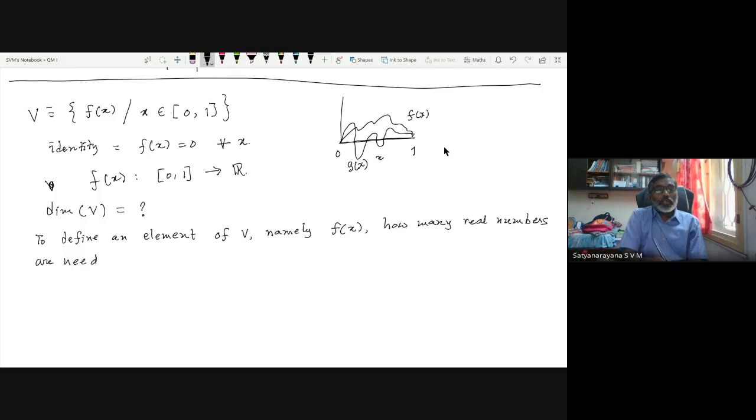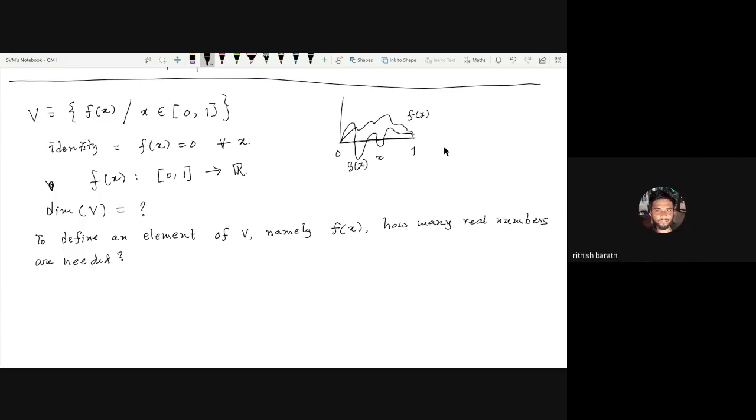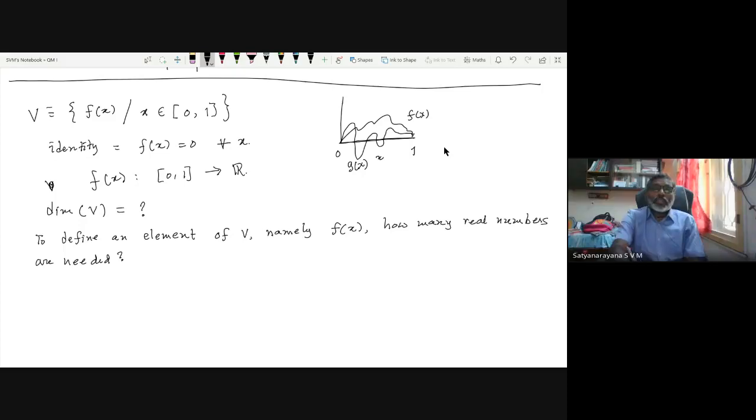How many real numbers are needed? This is the question that we have been asking, right? To determine the dimension. Now, how many real numbers are required? Infinite. You require infinitely many real numbers, because between 0 and 1, for every value of x you require a real number.